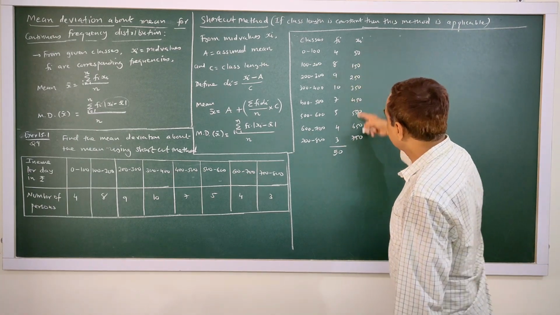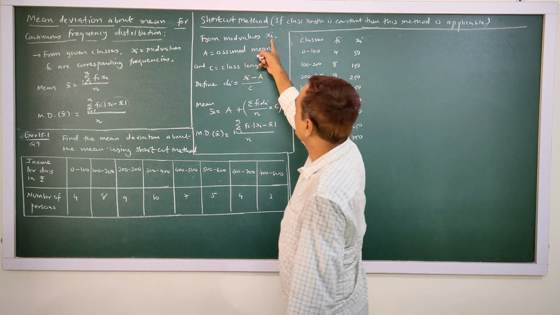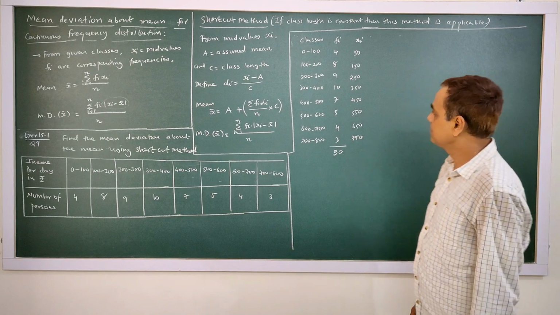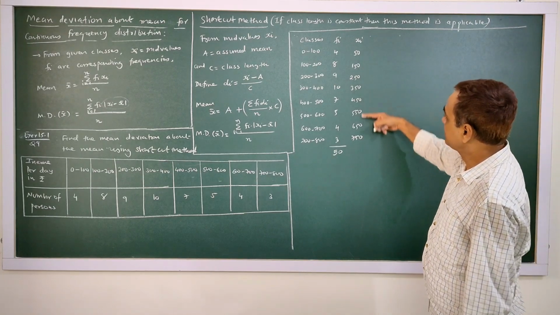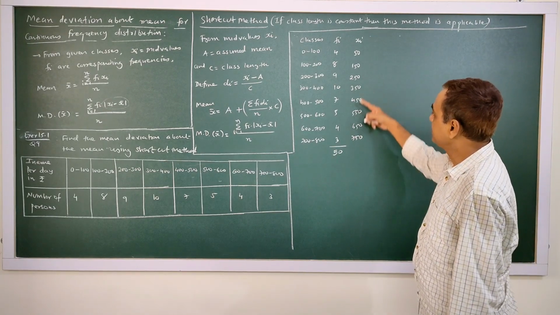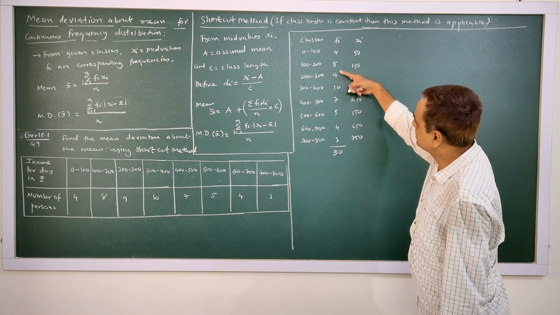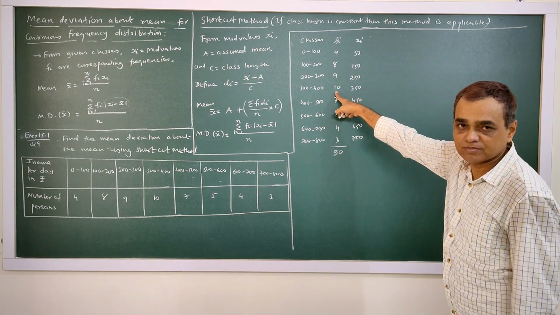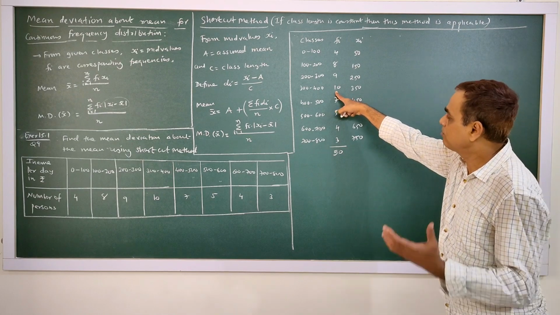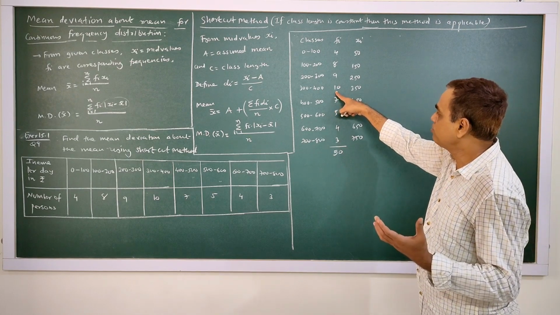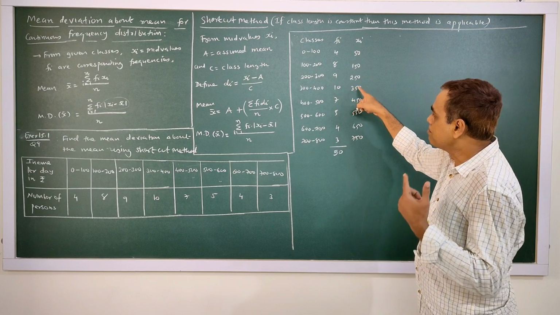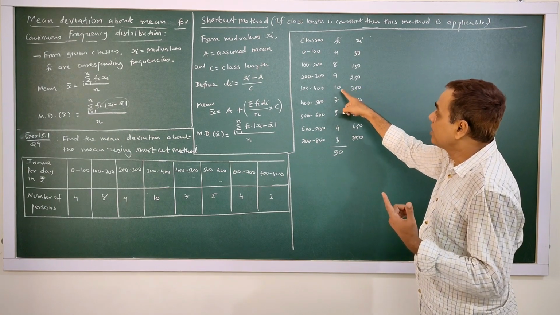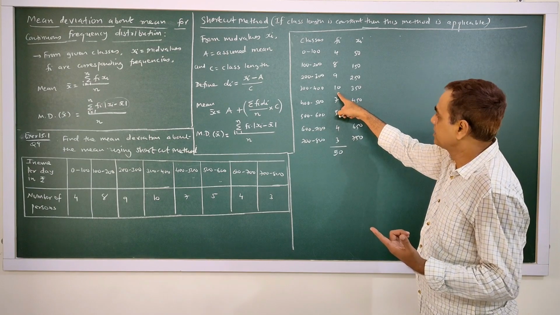Now from these mid values xi, we assume the mean. In the frequency column, 10 is maximum. So the assumed mean will be the mid value corresponding to the highest frequency.